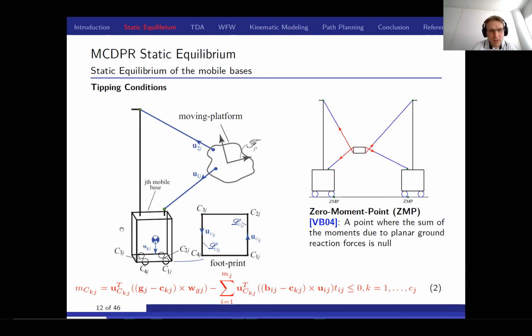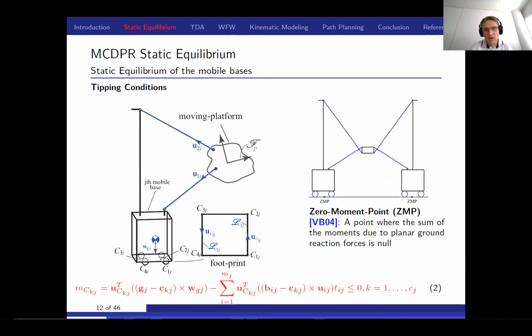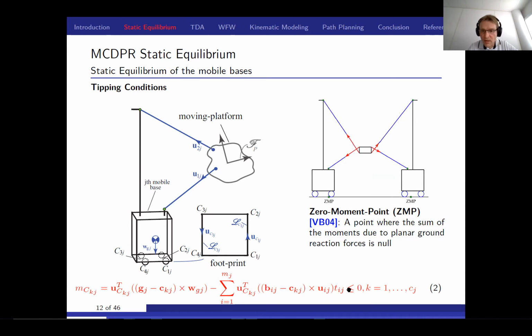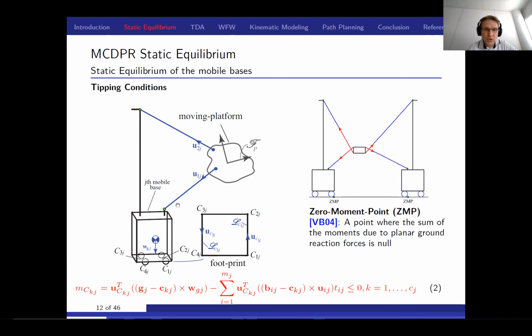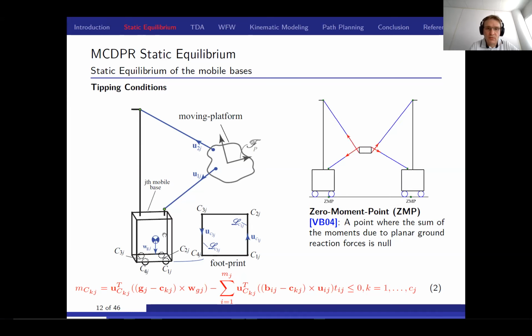So for example, for this mobile base, it will remain in a static equilibrium as long as this moment, this quantity here, is lower or equal than 0, and this quantity is directly a function of the cable tension and the cable arrangement onto the mobile base. And so sure, it's also a function of the weight and the first moment of inertia of the mobile base.